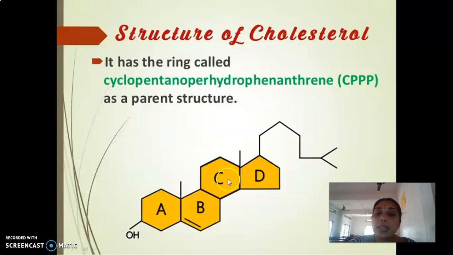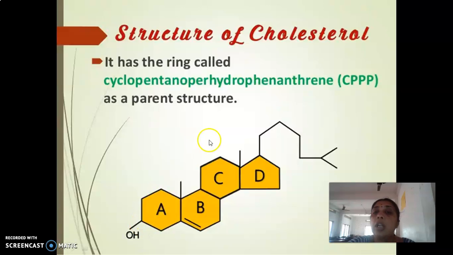And this ring system, the cholesterol ring system, is also known as the cyclopentano perhydrophenanthrene ring system. This is the parent ring system, or this is the structure. This ring system of cholesterol is known as CPPP, that is cyclopentano perhydrophenanthrene.